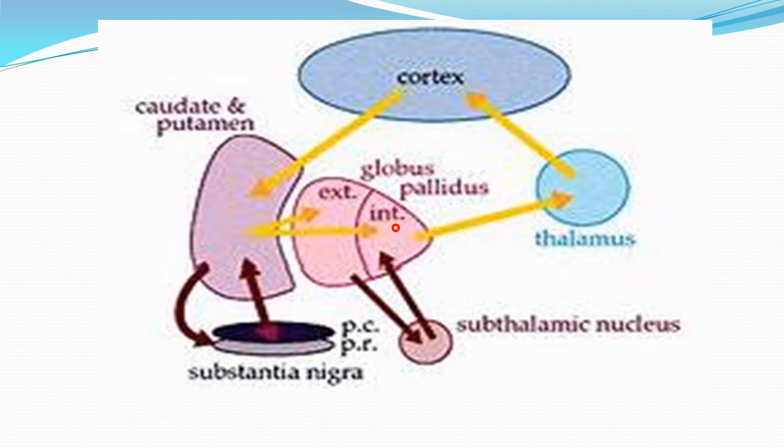In direct pathway, GABA is released in the globus pallidus internus. This GABA causes inhibition of these nerve fibers, that is pallidothalamic fibers. So inhibition of the thalamus decreases. This also releases GABA. If GABA is released here, this fiber is inhibited, so no impulse passes to the cortex.